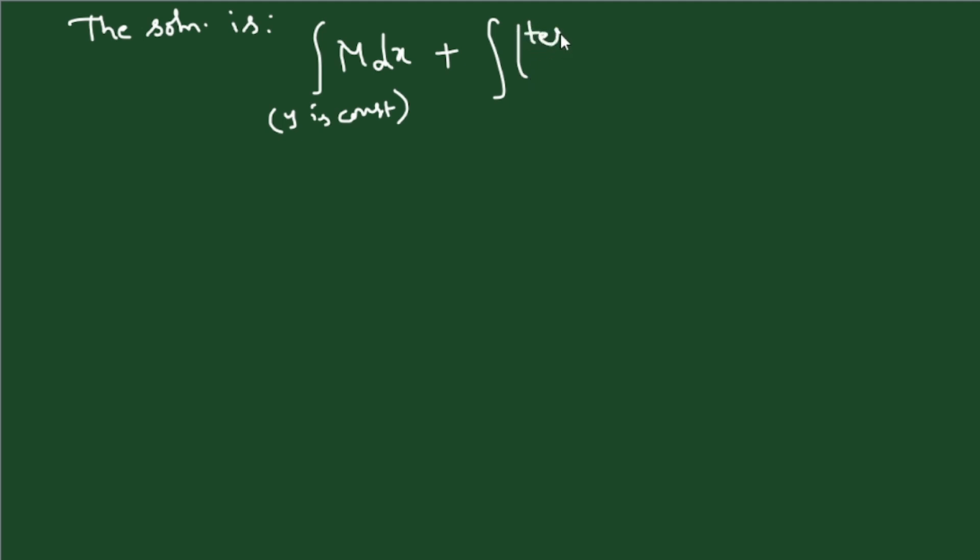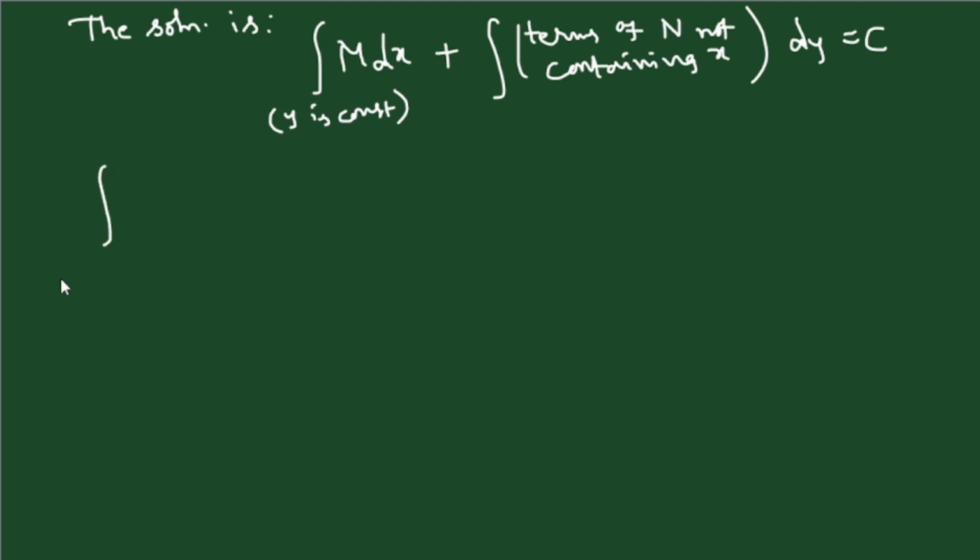Now, how do you solve this equation? Once it is proved to be exact, the solution becomes integral M dx, I am not writing M of x,y in detail, it is simply M dx, where y is kept constant throughout this integral, plus integral of terms of N not containing x, dy, equal to constant c.